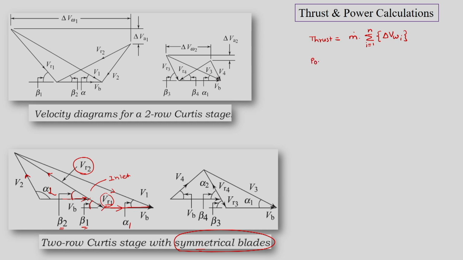Power is equal to m dot into VB into the sum from i equal to 1 to n of delta VWi. So for two stages, power is equal to m dot into VB into delta VW1 plus delta VW2.